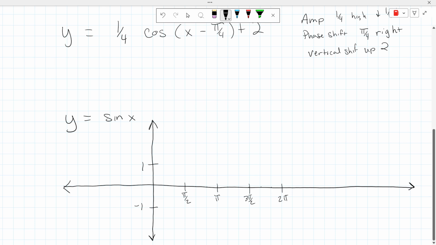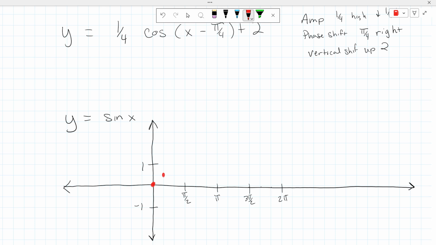Now, if you look at your unit circle, what's the sine of 0 radians? What's the y value at 0? 0. So that's the point (0, 0). What's the sine at pi over 6? 1/2. So at pi over 6, we're at 1/2. What's the sine at pi over 3, which is 2 pi over 6?